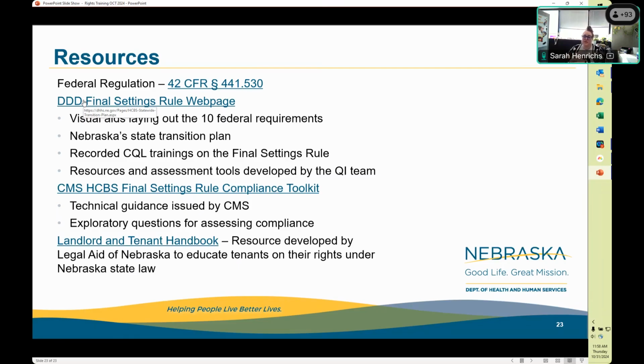And all of our assessment tools that the QI team uses to assess compliance with the final settings rule are out there as well. I also have linked the federal CMS final settings rule compliance toolkit, there's technical guidance there that CMS has offered. That's where there's 2 documents with exploratory questions, one's for residential and one's for non-residential settings, if you want to know more about those.